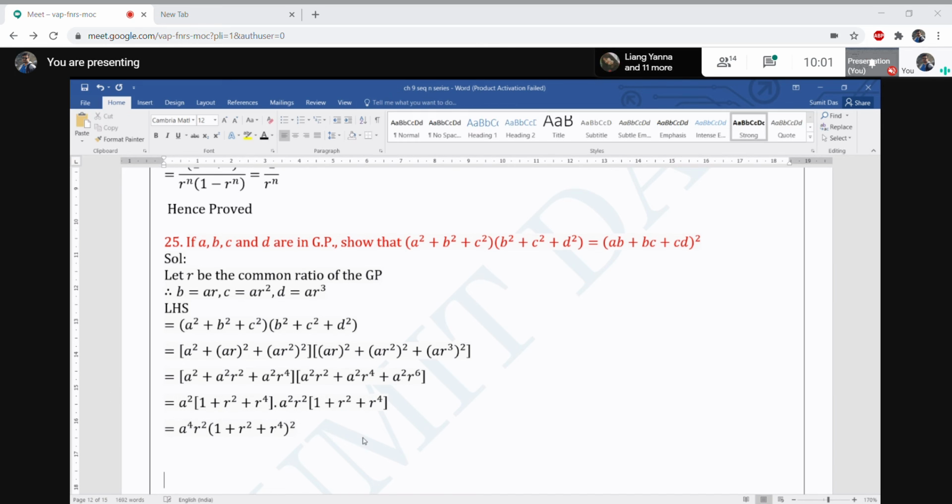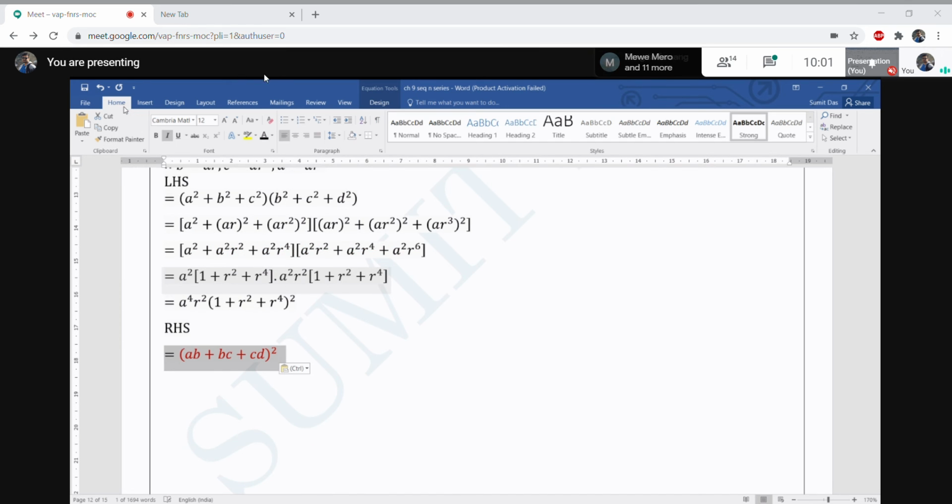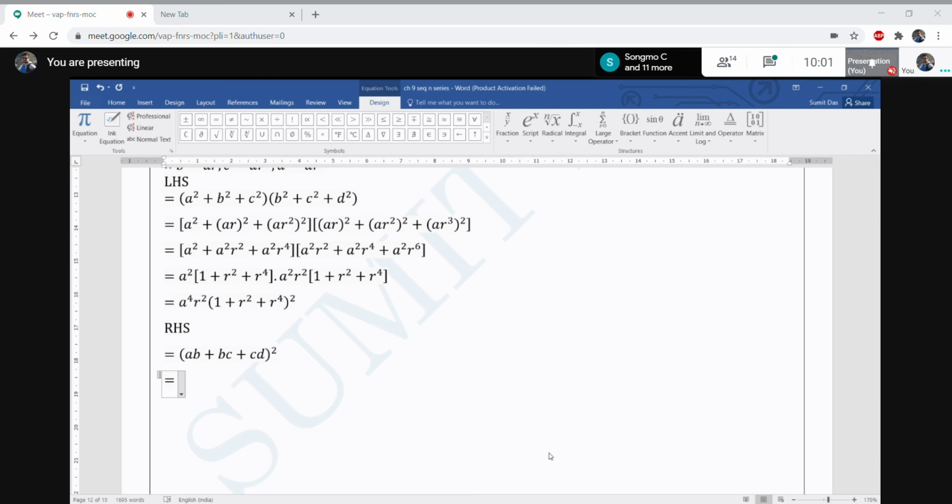Now do right hand side part. RHS equal to, this is nothing, just a boring calculation. Now put the values of a and b. a is a, b is ar, plus b is ar into c is ar square, then c is ar square into d is ar to the power 3.